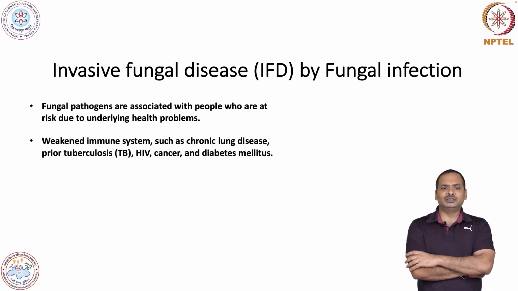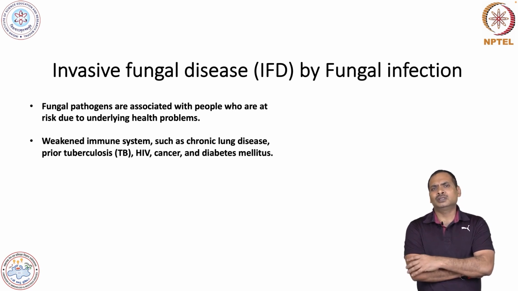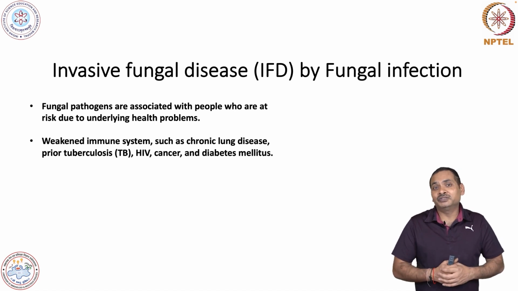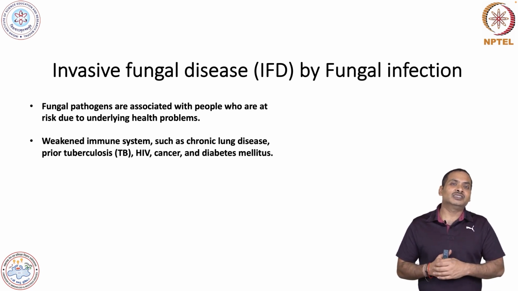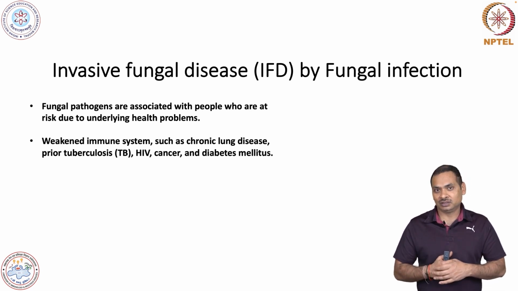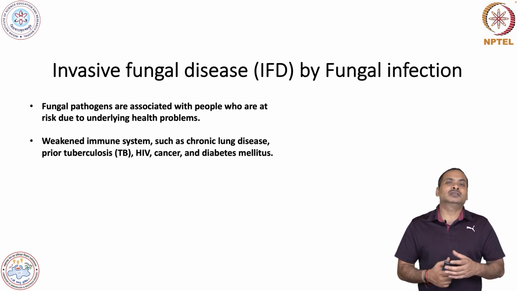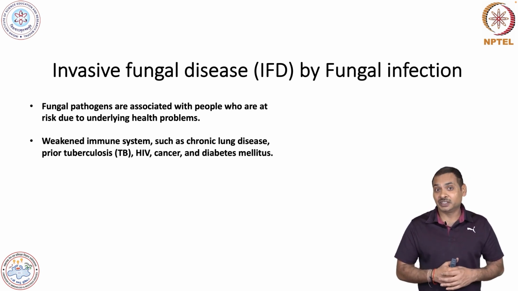Weakened immune system, as I discussed in the previous session, some individuals have a congenital problem. If you remember my previous session, there are some individuals who have a deficiency in functional neutrophils, an impaired ROS production due to mutation in NADPH oxidase.